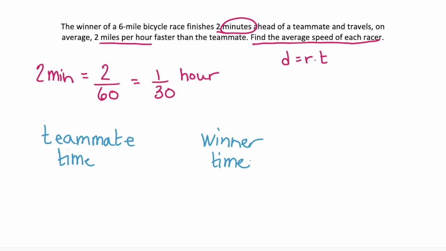With the winner being faster, that means the teammate's time is going to be longer. And it's longer by that 2 minutes, telling us the teammate's time minus the winner's time is going to be equal to 2 minutes, or 1/30 of an hour.